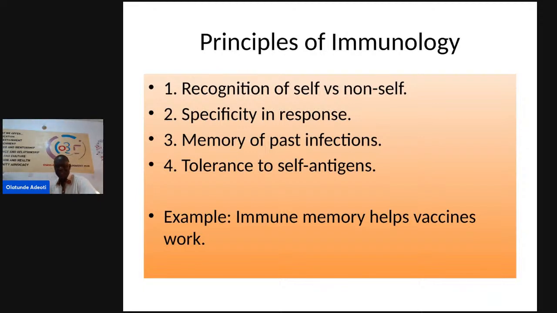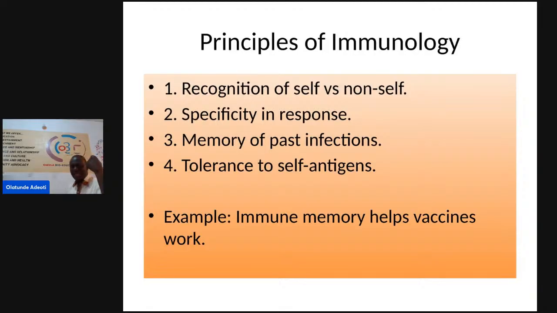So the immune system should be able to differentiate between self and non-self. Then immunity must be very, very specific in response. It must not be general. It must be certain. It must be specific. So that is the number two principle of immunology.